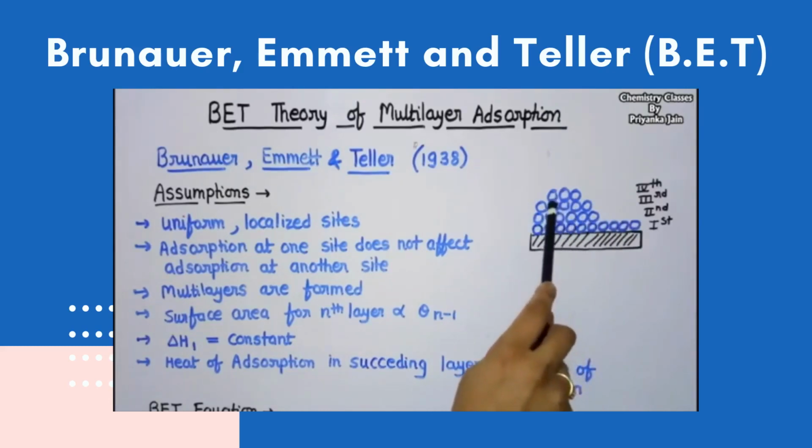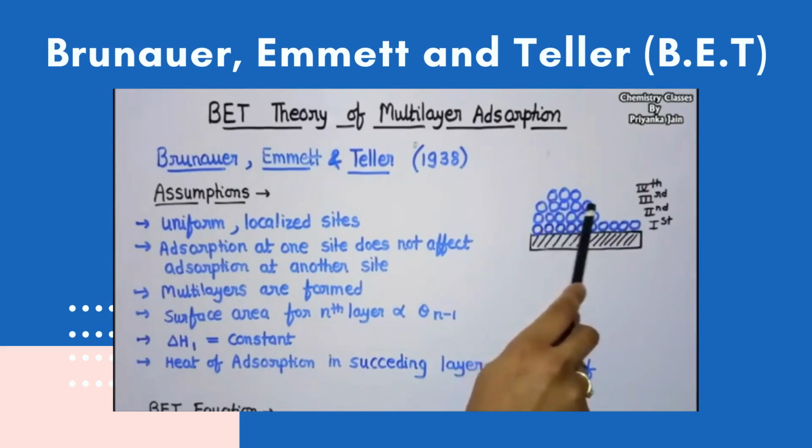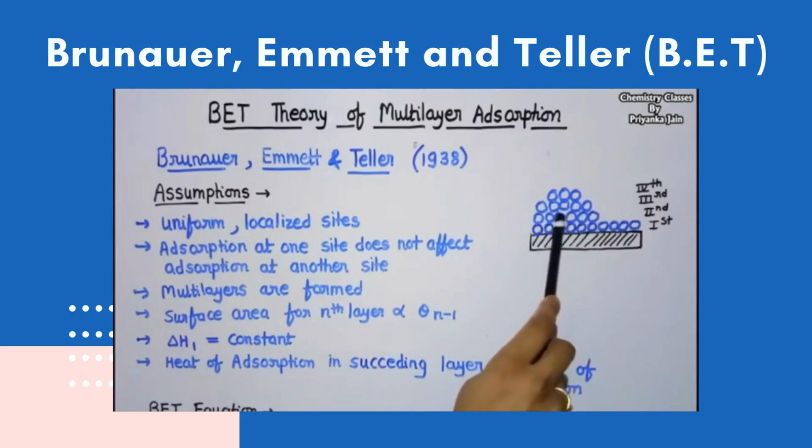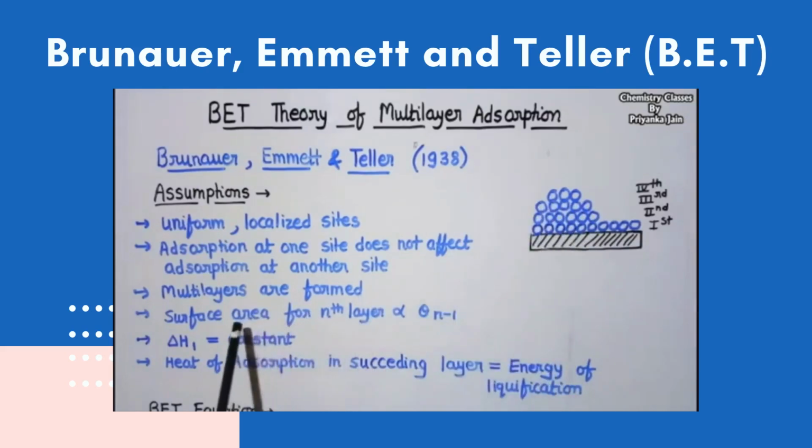Similarly, the adsorption of the third layer will depend upon the vacant surface area of the second layer on which these molecules can sit. So we can say that the surface area for the nth layer is directly proportional to the fraction that is vacant on the n minus 1 layer.